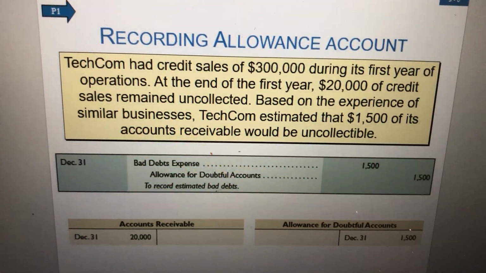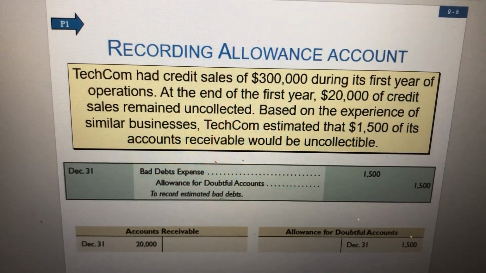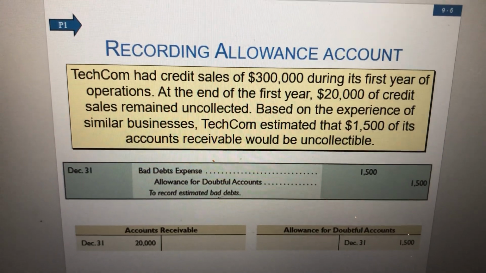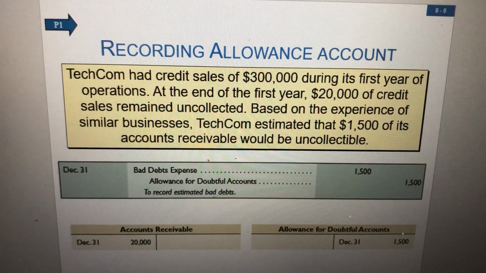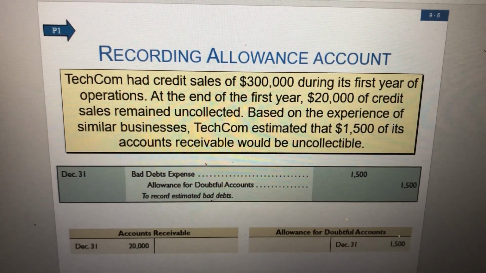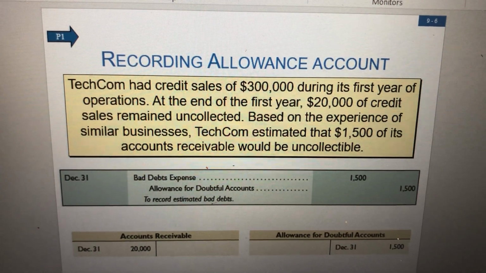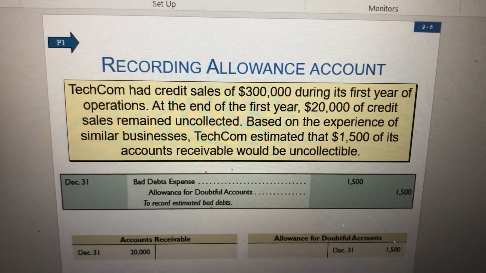Now, this first one is going to be for the estimate, and this is a different problem from the one we're working. So what we want to do first is go back to our problem. You can review this one yourself, but we want to show the estimate. So let's go back to the problem.